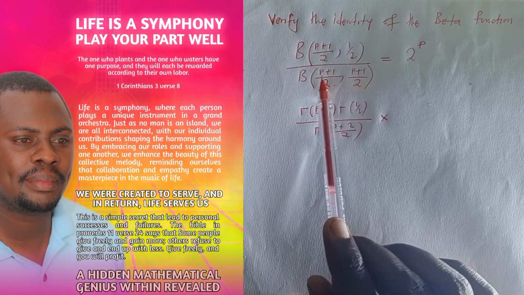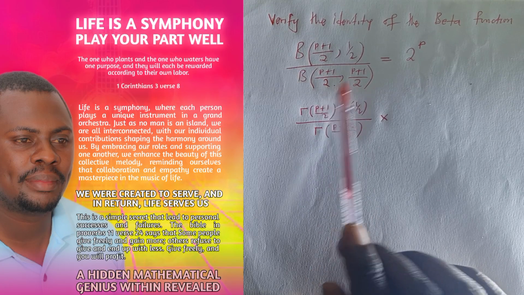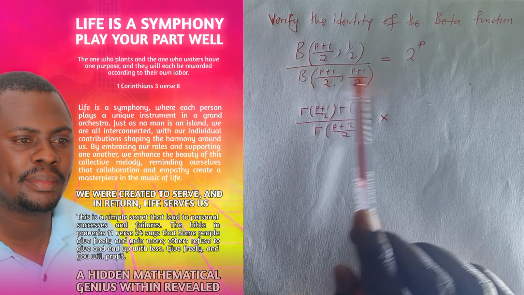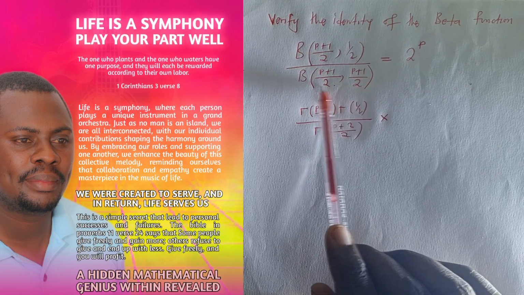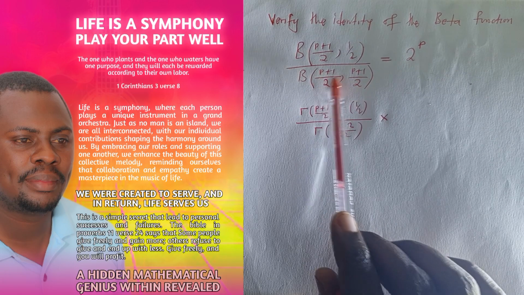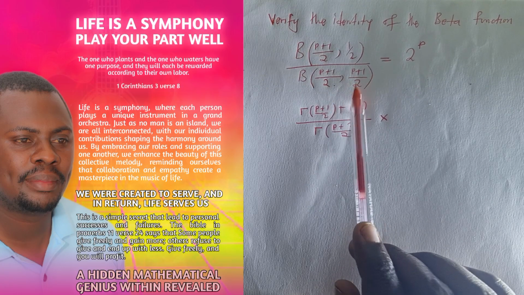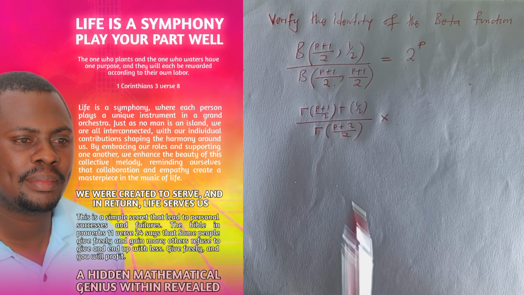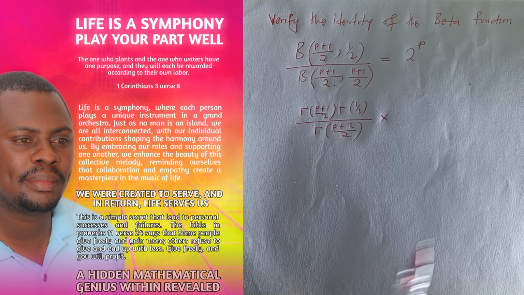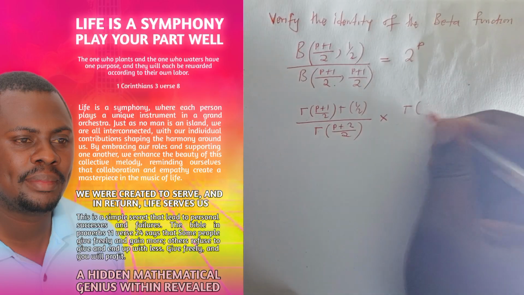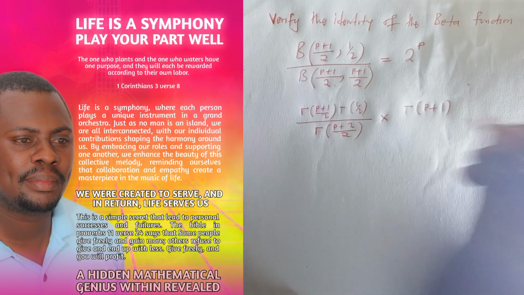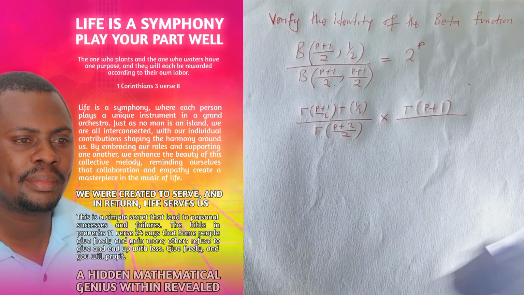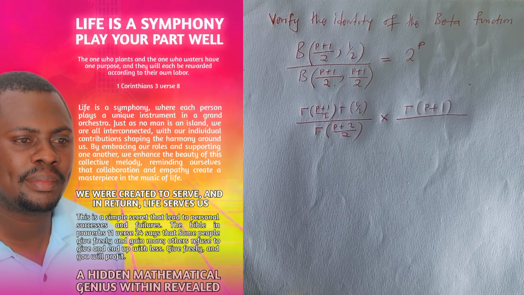So when you add these two, we have p plus 1 over 2 and p plus 1 over 2. So if you add this, we have a common denominator of 2. So it will be 2p plus 2 over 2. Then the 2 will divide out there. So you have just p plus 1. So we are going to have gamma of p plus 1 over, now you can do the product of two gamma functions.